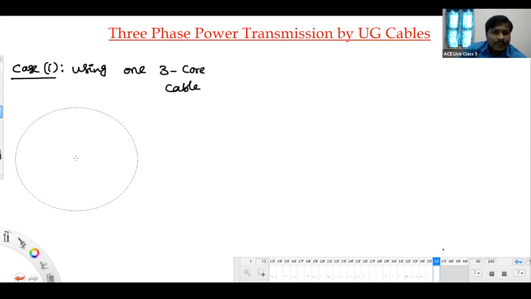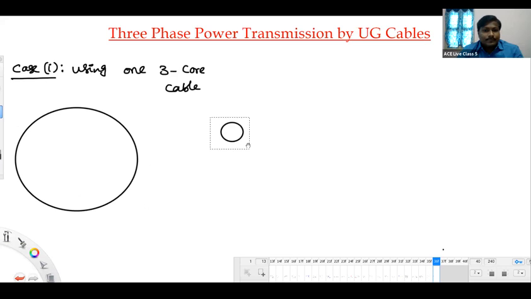So it's an outer conductor, the so-called sheath, and this is conductor A, I can say core one. This is core one, a conductor one.